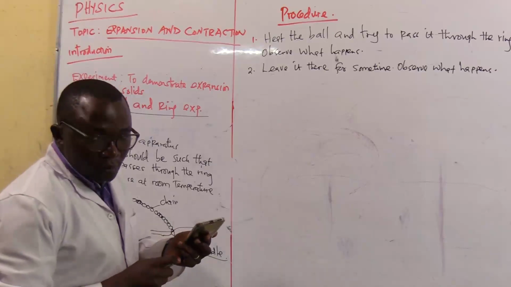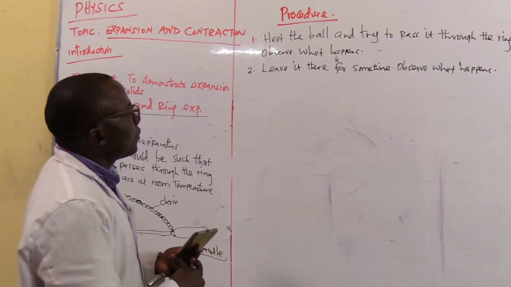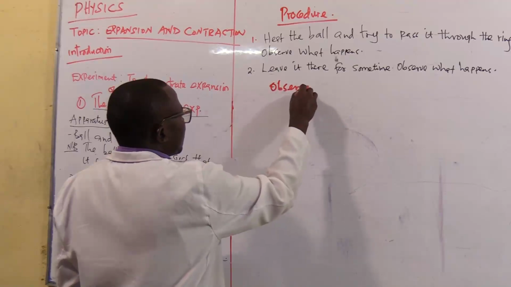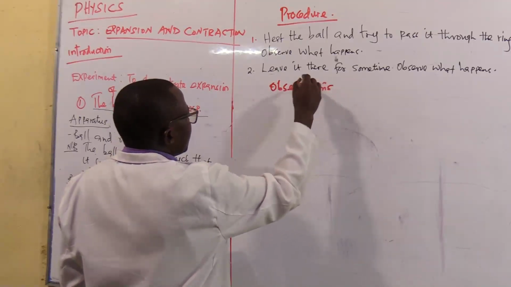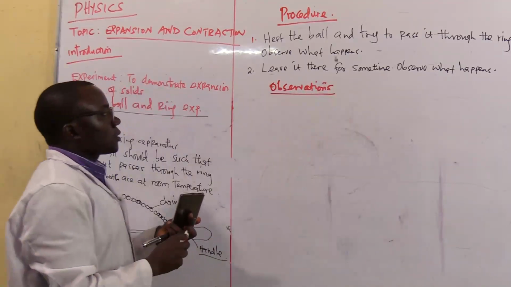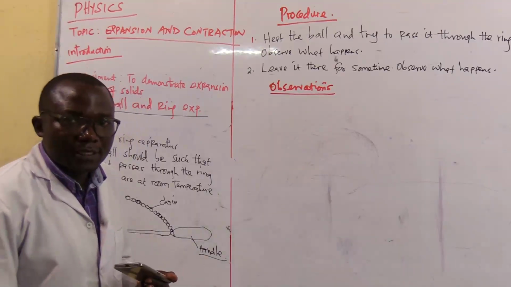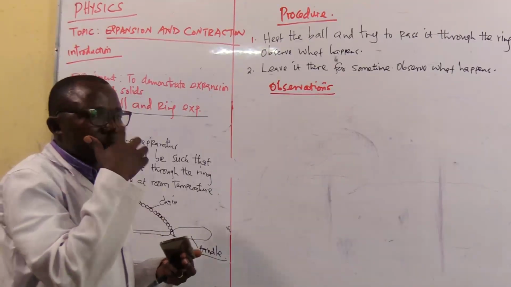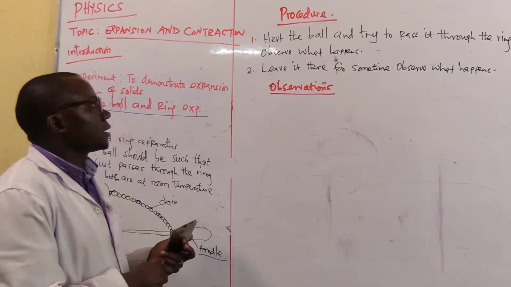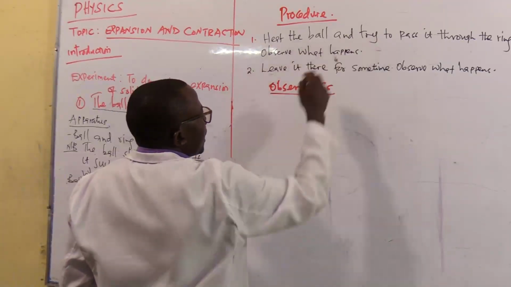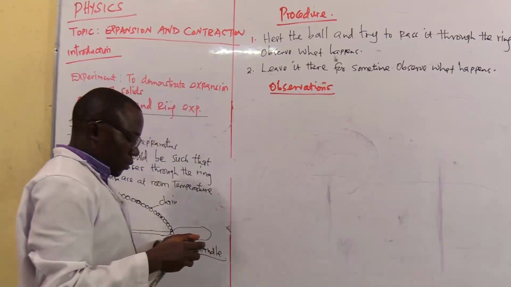So we are talking of the observations. What will be the observations? Observations are supposed to be given just according to the activity that you have done. For the first activity, we hit the ball and try to pass it through the ring.